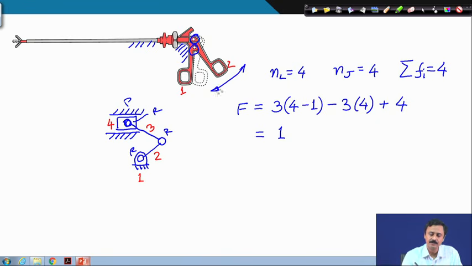So, by moving this finger grip, the surgeon controls the motion of the slider inside the barrel. This slider inside the barrel is extended right up to the end effector of this tool, which controls the scissors or the clamp.